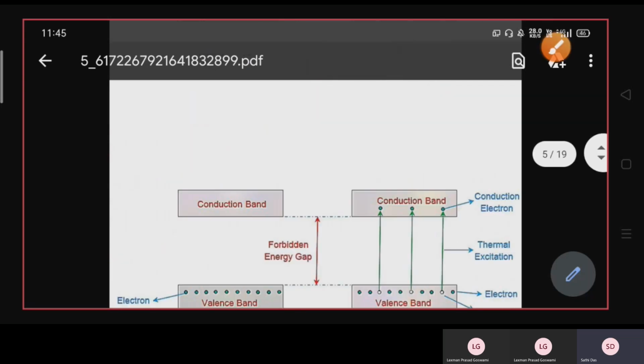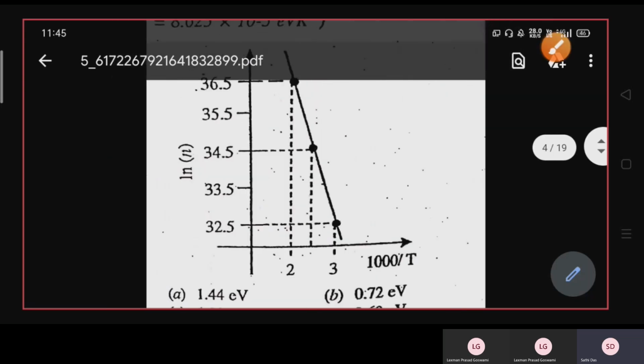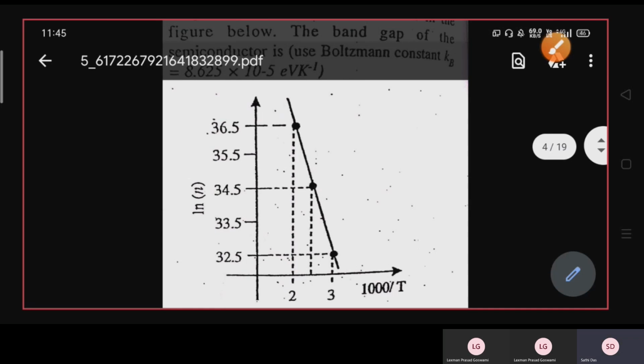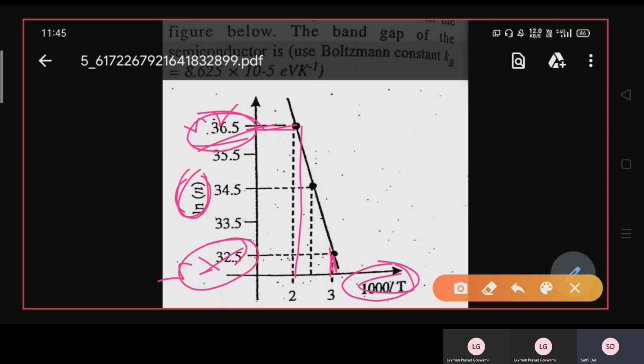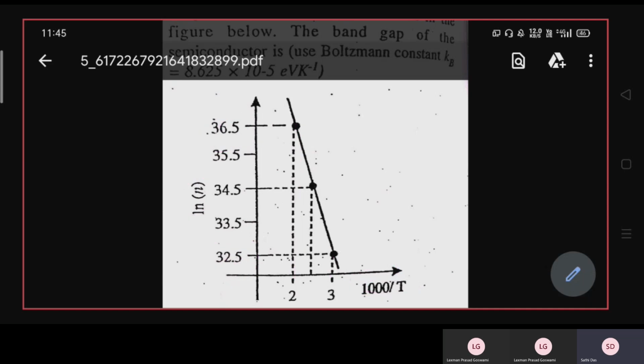Look here again at the graph. We got log n and 1000 by T. So if we put this as n2 and this value as n1, we get log n1 as 32.5, log n2 as 36.5, and the corresponding temperature, that is 1000 by T1, is 3, and the corresponding temperature for this one, n2 concentration, is 1000 divided by T2, that is 2.